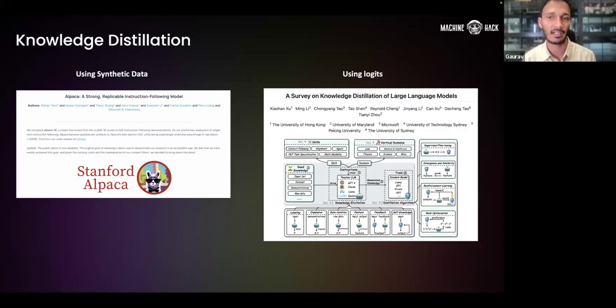Another is using logits, and the approach is very interesting. We use a teacher-student model. What I mean with that is we use a large model which acts as a teacher to train a small model which would act as a student. So for example, let's say a 64 billion Llama model being used to train a 3 billion model, where we run the same task against both the models and check the outputs in terms of logits.